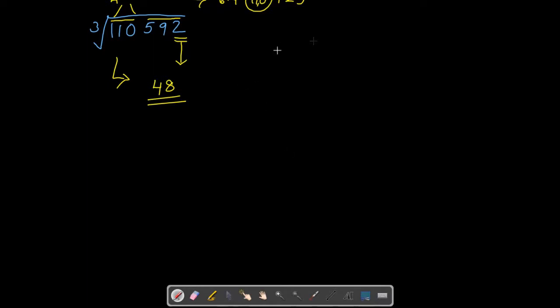If I have the cube root of 438,976, first we will make the partition of these numbers. This is my one part and this is my other part. When 6 is my last number, I take the 6 as it is. And 438 lies in between 7 cube and 8 cube.